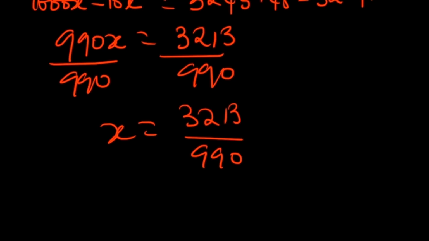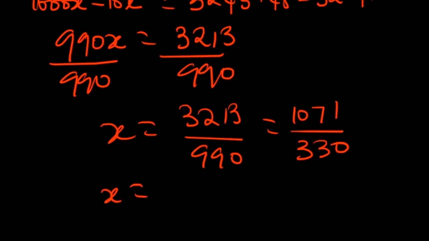Let's try and see if 3 can go, to see if we can reduce it further. So 3213 divided by 3 gives me 1071. We have 1071 over, I believe that 3 can go into 990. We have 990 divided by 3. It's giving me 330. Is it still in its lowest term?